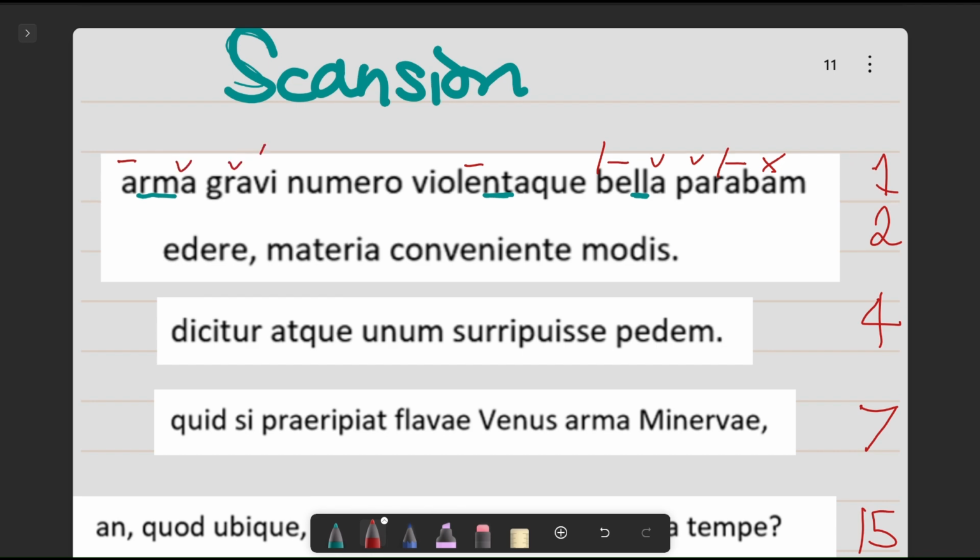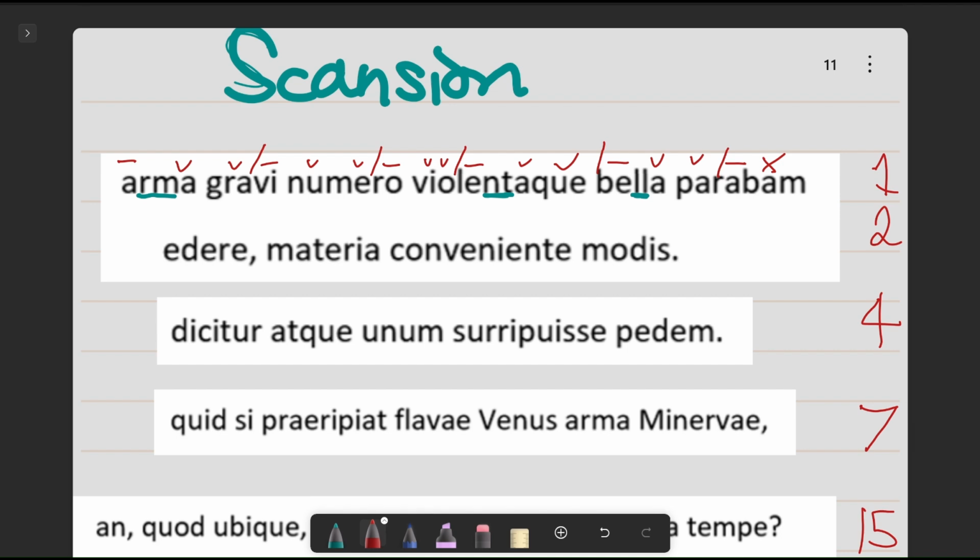So armagravi numero violentaque bella paraba. And this is a bit silly, Ovid's being a bit silly, because if you remember our translation from Ovid Amores 1.1, I was preparing to put forth weapons and violent wars with a serious rhythm, meter.